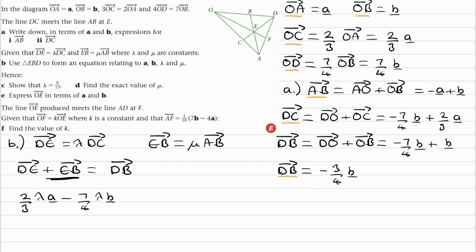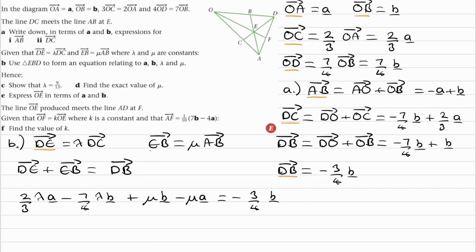And then plus EB. EB is this. So plus mu times AB, which we have over here. So times that by mu. So that'll be mu b minus mu a. So that's our left-hand side done. That's equal to DB, which is this. So that's equal to minus 3/4 b.